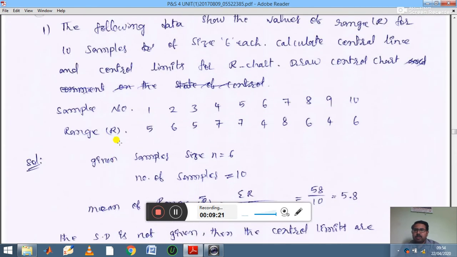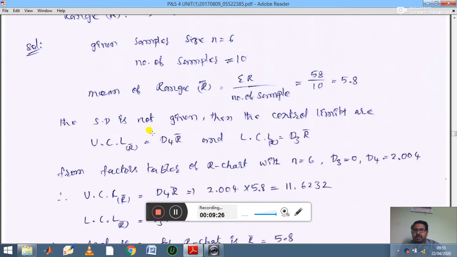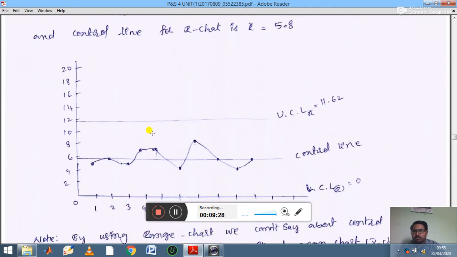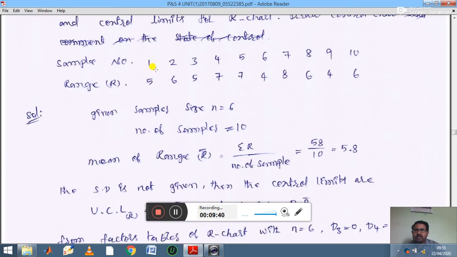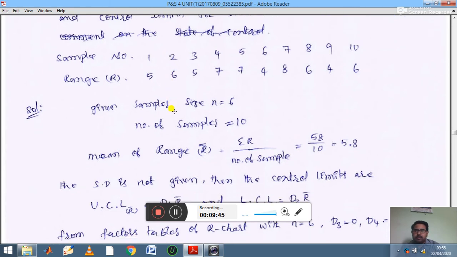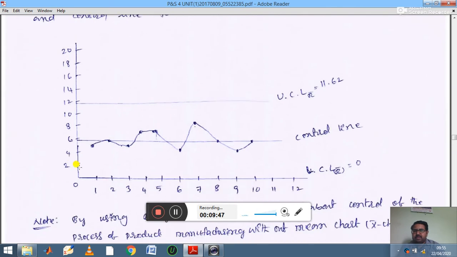First, when the sample number is 1, the range value is 5. In the chart you plot sample number 1 and the corresponding value 5, so approximately here you get this point. Then when the sample number is 2, the range is 6, so you mark this point.